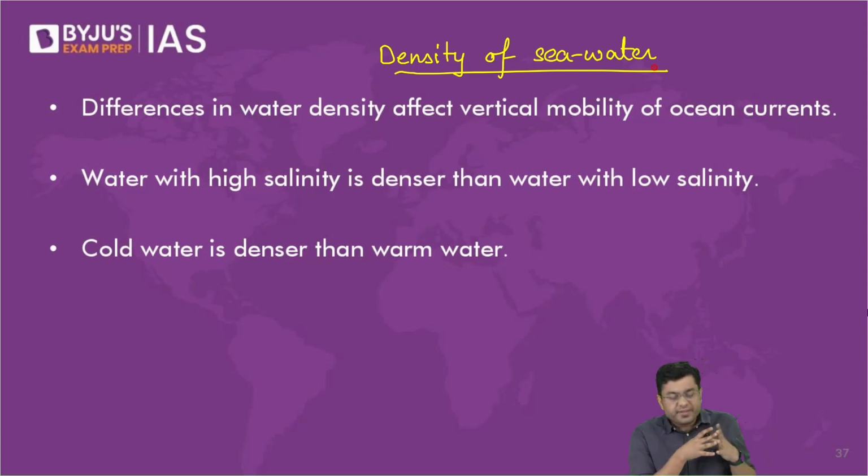How closely the particles, the materials, are arranged. That is what density is, isn't it? So the density of seawater will be impacted by salinity as well as by temperature. Both of them will impact the density.